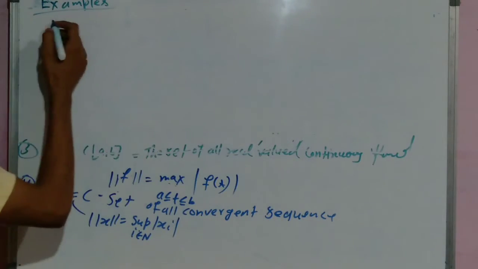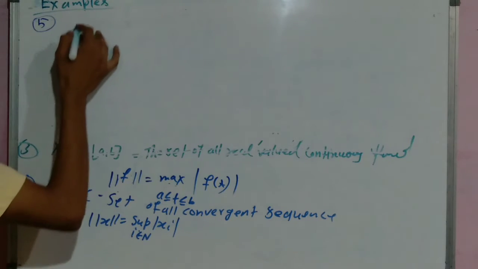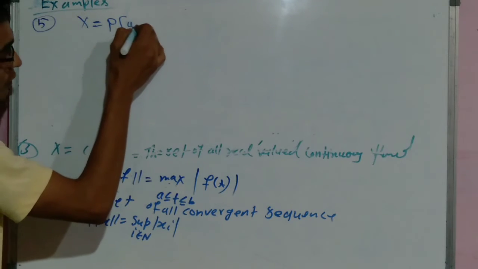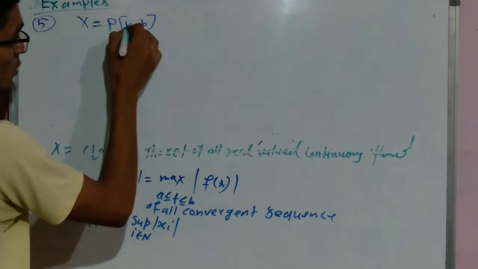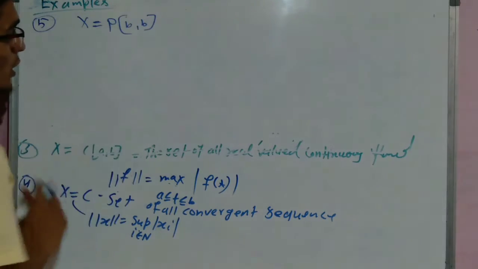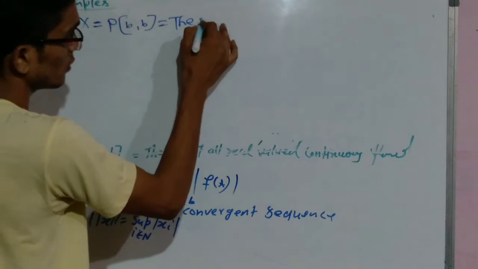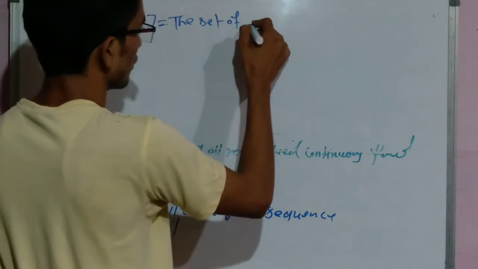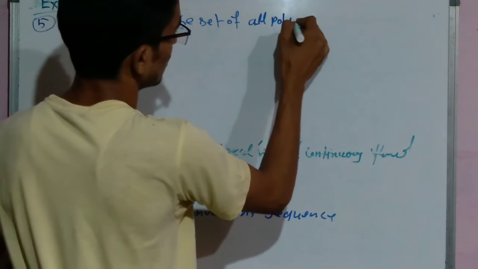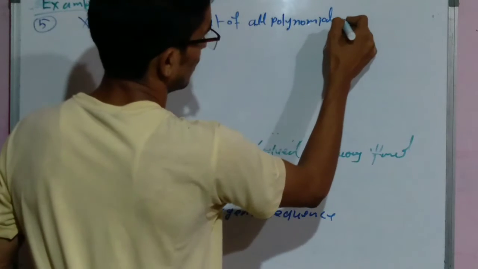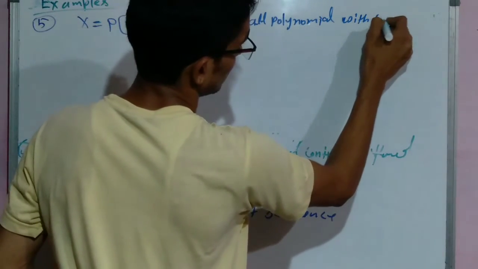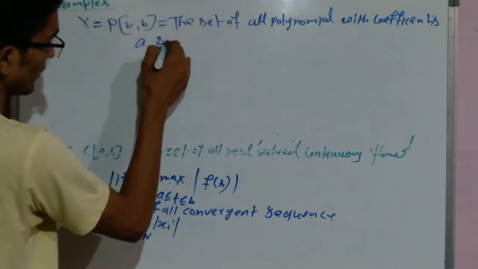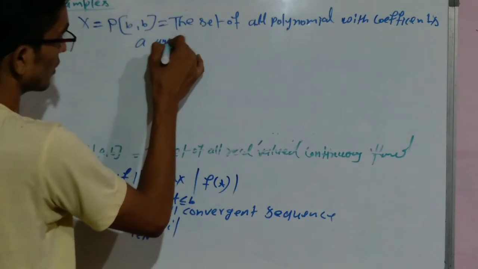And example number 5. If we take X equal to P[a,b], P[a,b] means the set of all polynomials with coefficients a and b.